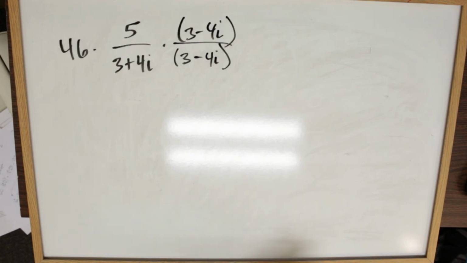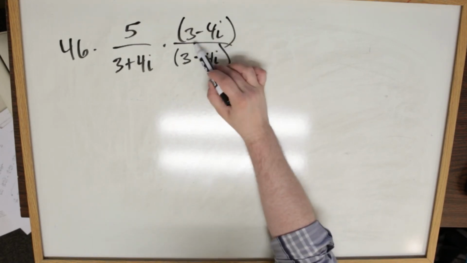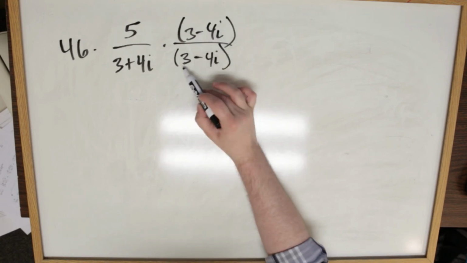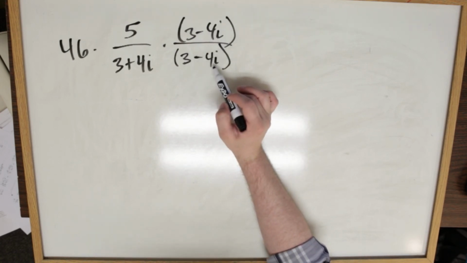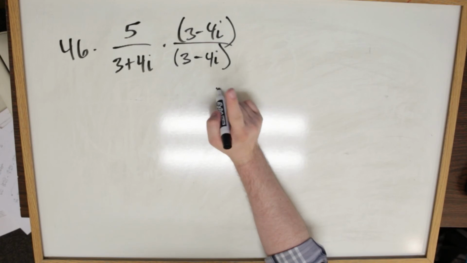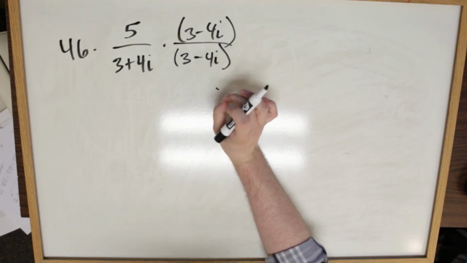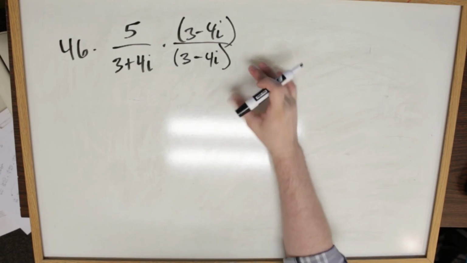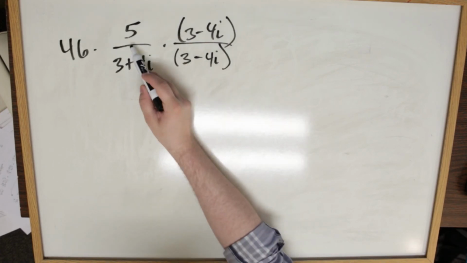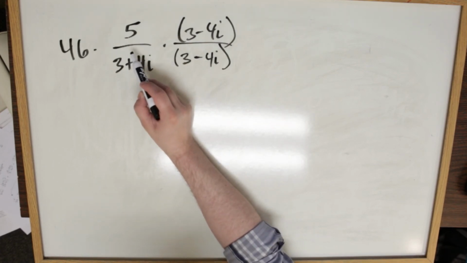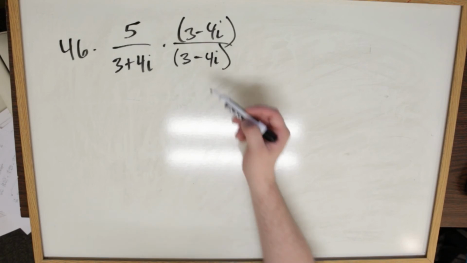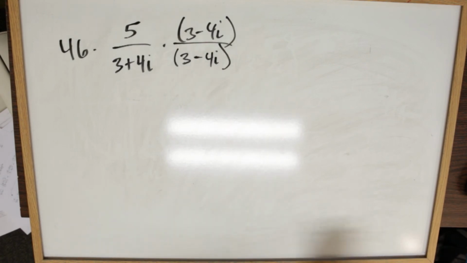A lot of people have problems with fractions, and so I hope this explains it as best as I possibly can. Think about 3 minus 4i divided by 3 minus 4i. That's literally just 1. Okay? That is literally just 1. So I'm just taking my initial problem and multiplying it by 1, which anybody can do.